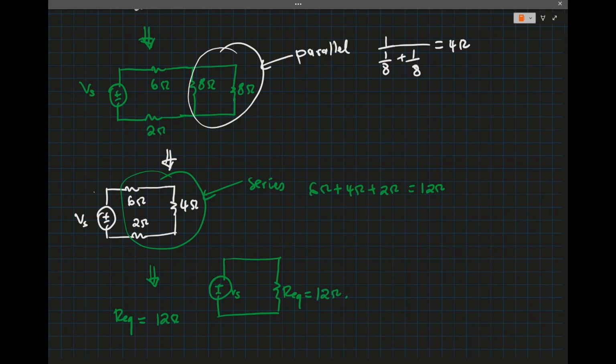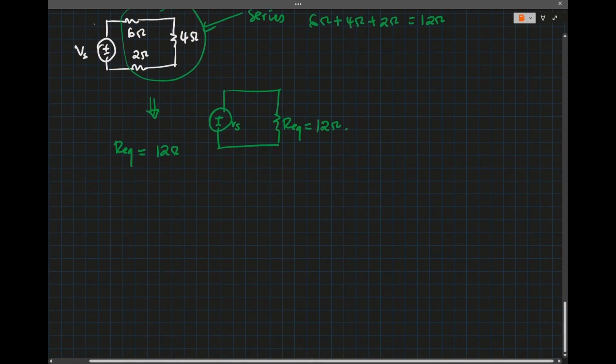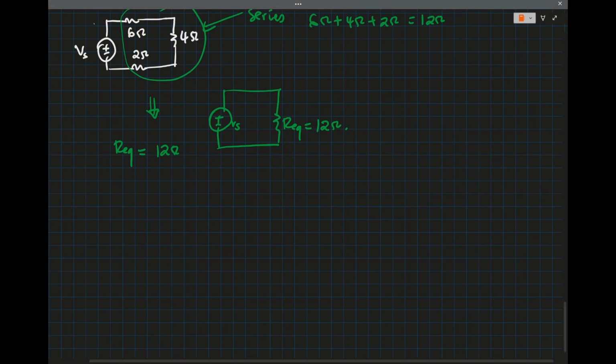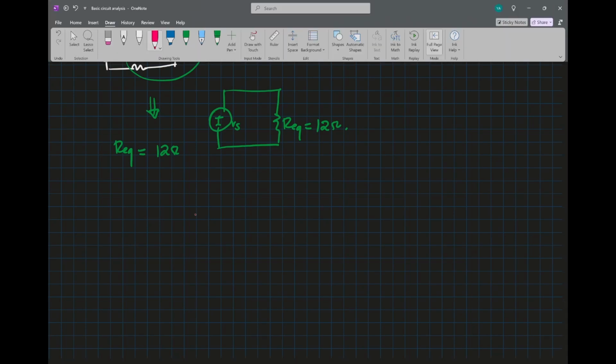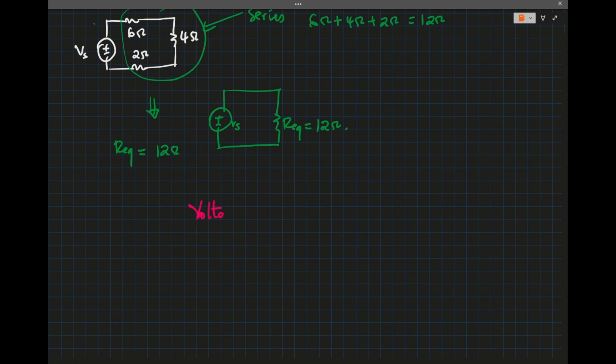Okay, now let's talk about the voltage divider rule.